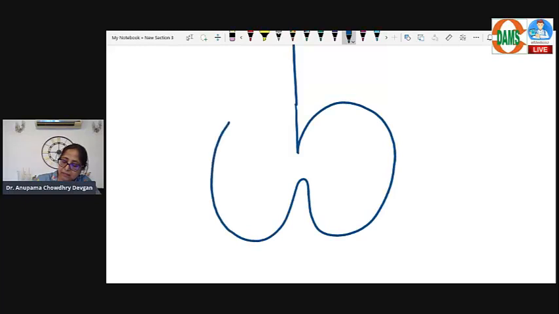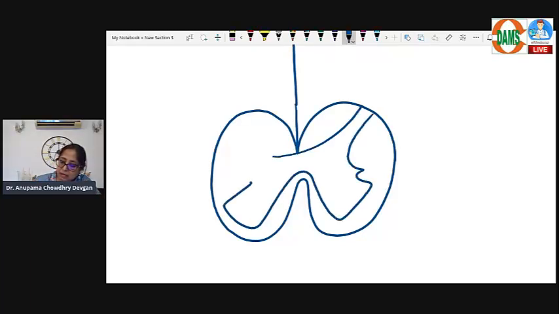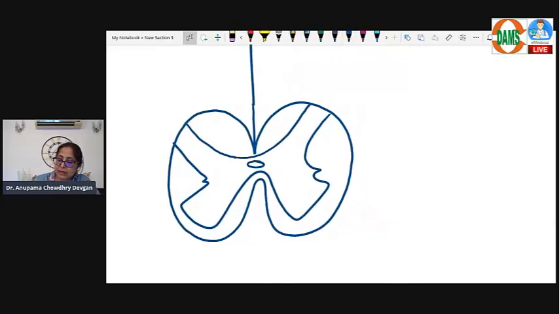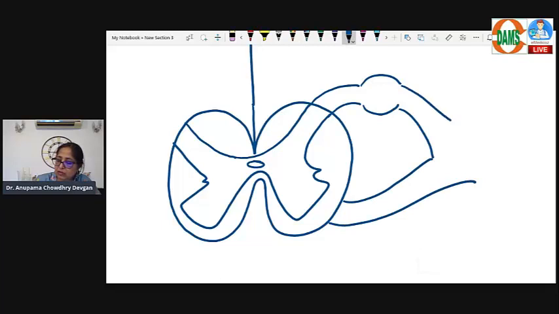Here is the dorsal root ganglion, and this is the anterior root, which together form the spinal nerve.